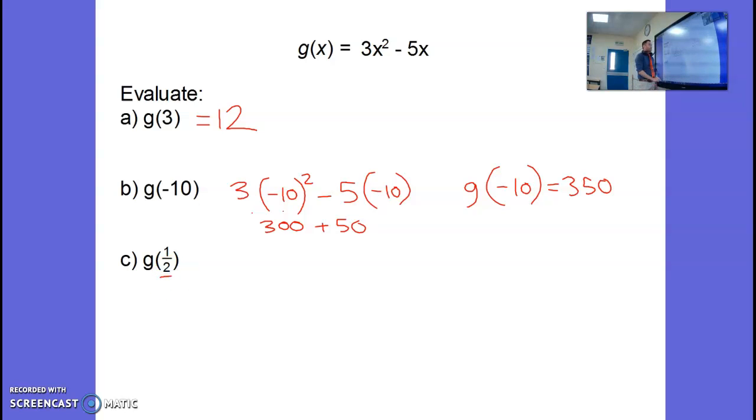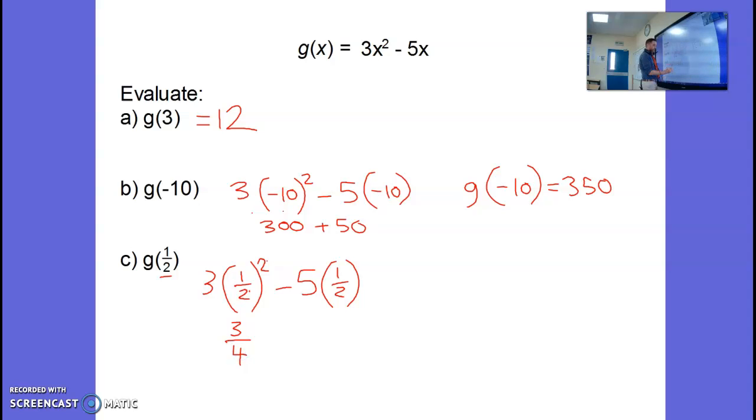Fractions are allowed as well. So let's try that one. 3 lots of brackets around the x. There's a half. We'll square it, and then we'll take away 5 lots of brackets around the half. You can, of course, type this straight in a calculator to get these values. We're just doing it by hand for the moment. Half squared is a quarter. 3 times a quarter is 3 quarters.